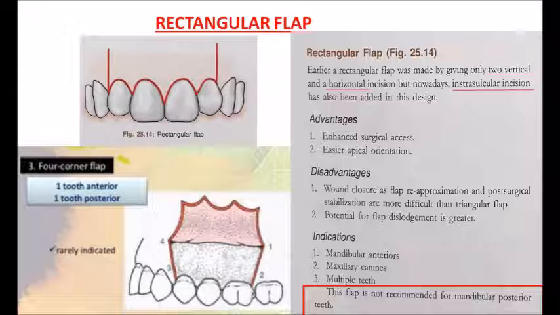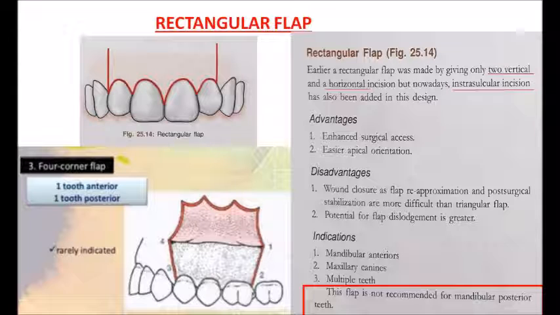The advantages are that access is enhanced and easier apical orientation is obtained. The disadvantage is that wound closure, flap reapproximation and post-surgical stabilization are more difficult than the triangular flap. The potential for flap dislodgement is greater in these cases.